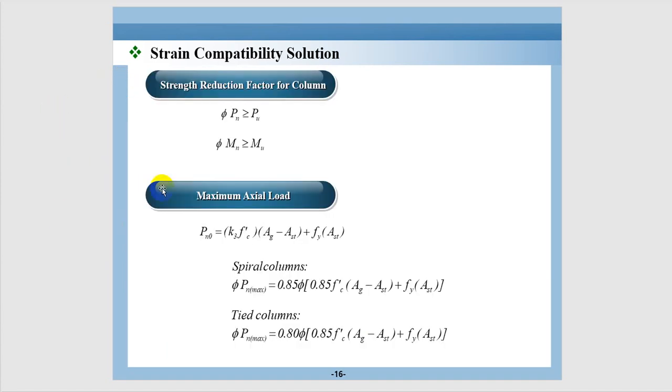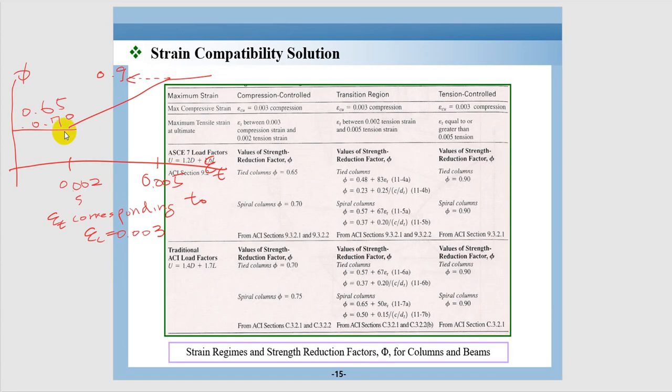The axial load is calculated with this formula, and we determine this value to be 0.85 by the rectangular block. We calculate the concrete area times the compressive rectangular equivalent block stress, and we have the rebar stress multiplied by the rebar area, and we multiply by the phi factor right there. So the phi factor is based on this table again.